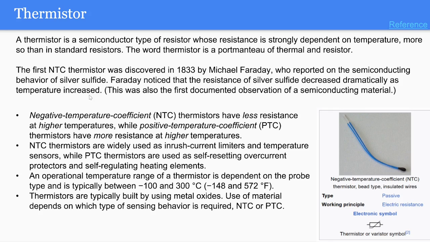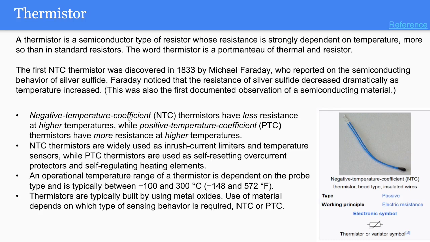So any thermistor or temperature sensor where the resistance decreases with increasing temperature is called a negative temperature coefficient, or NTC. Okay, that is the word we use. This was also the first documented observation of a semiconducting material.